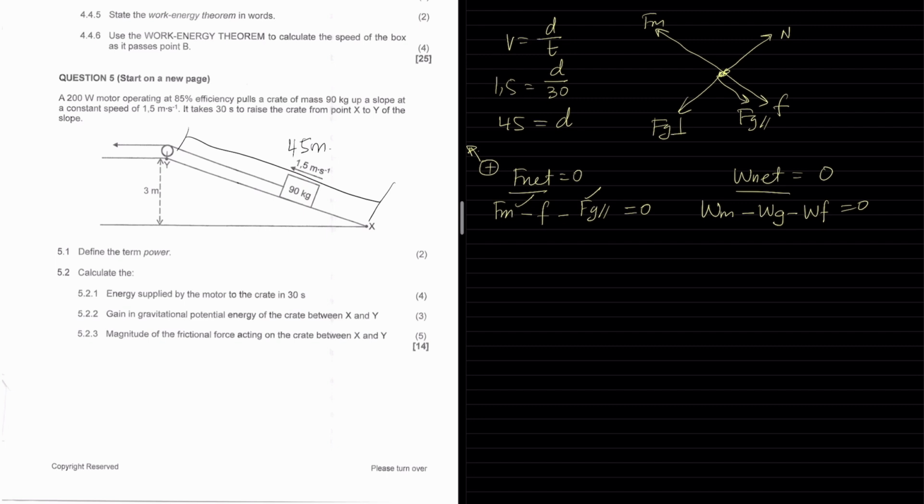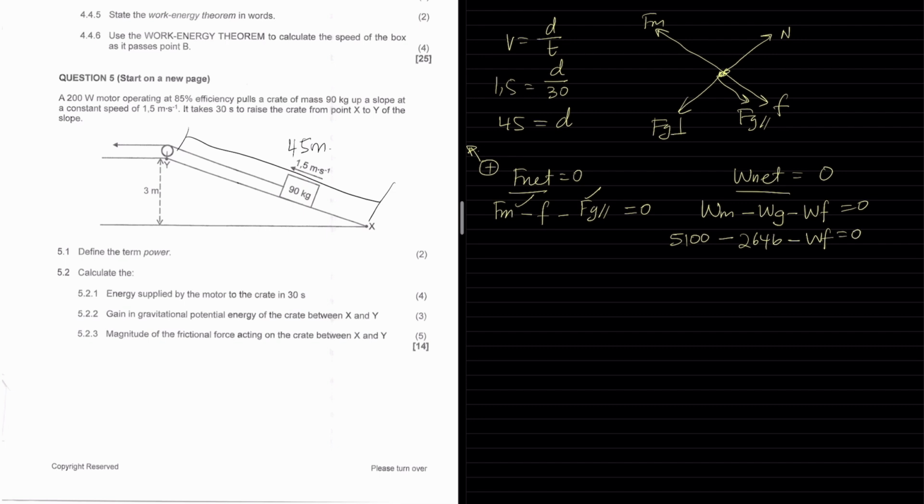We know the work done by the motor, we've worked it out. So 5,100 minus the work done by gravity, 2,646, minus the work done by friction is equal to 0.